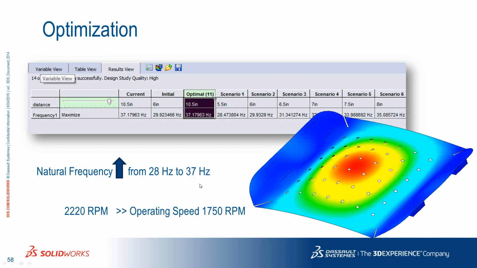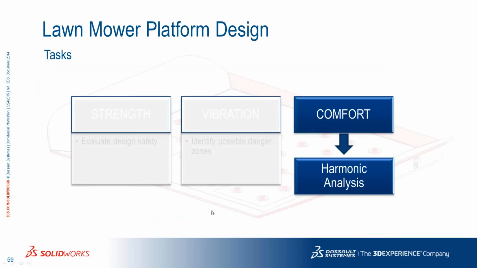Now, if you translate that 37 hertz into RPM, that's about 2220 RPM, which is far greater than the operating speed of the motor, which is 1750 RPM. But we still want to make sure that the natural frequencies are still good, and that the external excitation coming from the motor is not going to break up this platform because of resonance and excessive vibration.